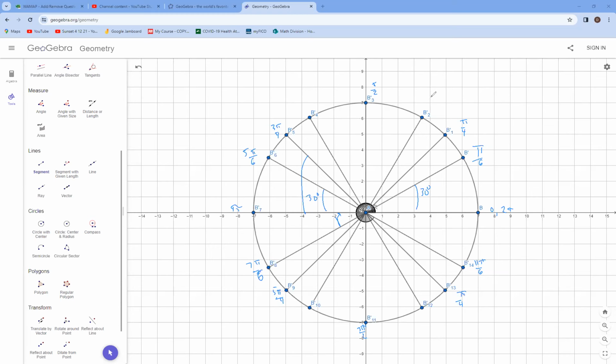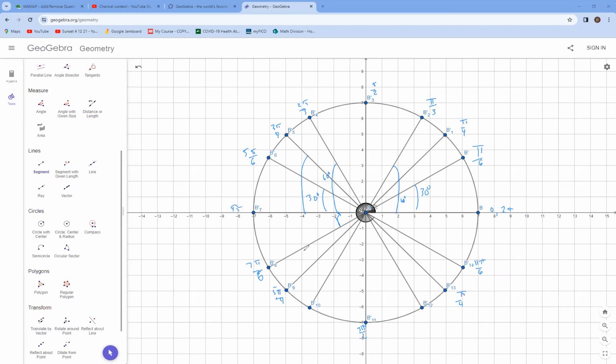And then the 60-degree ones, where you've got 60 degrees back to the x-axis, that's pi over 3 and 2 pi over 3. If you go from that angle all the way back to the x-axis, it's a 60 degree reference angle. We measure back to the x-axis.